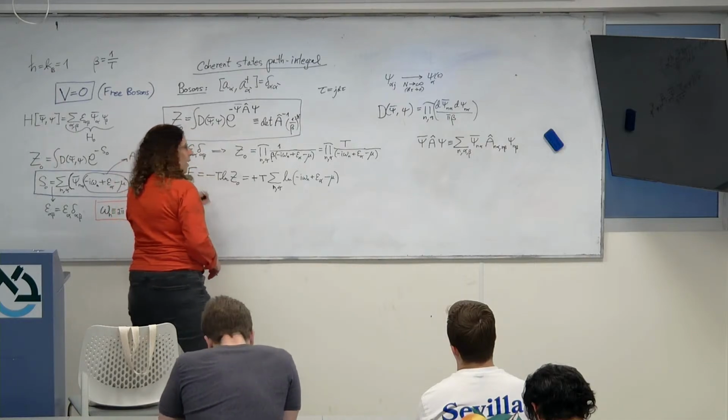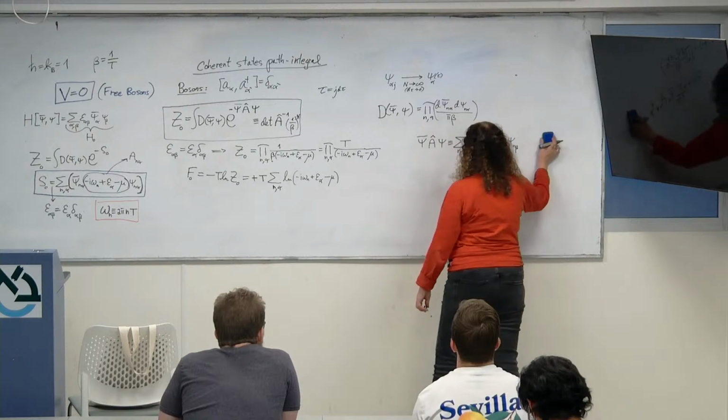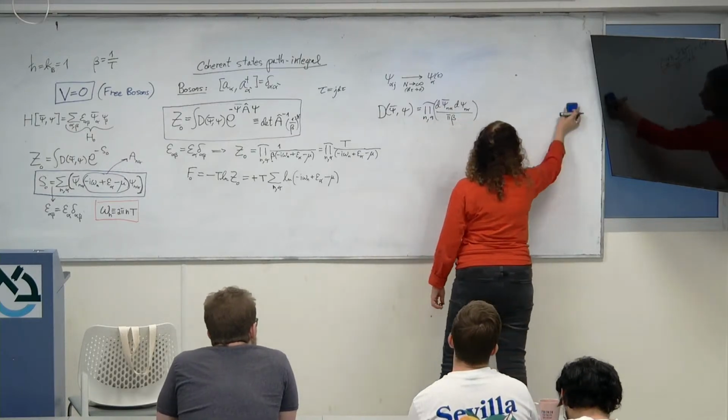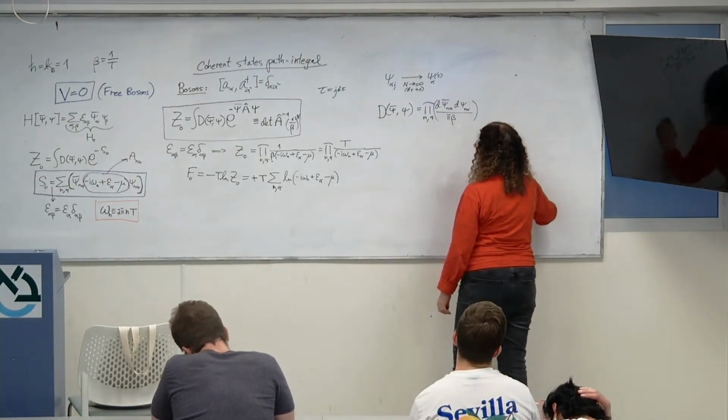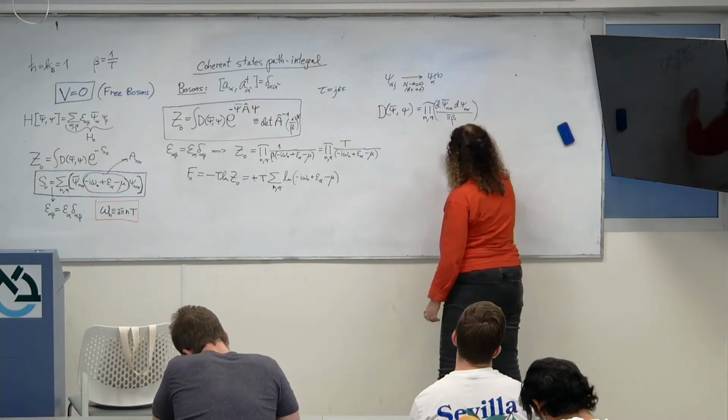Now to get the occupation, I want to define another quantity. This is called a Green's function.